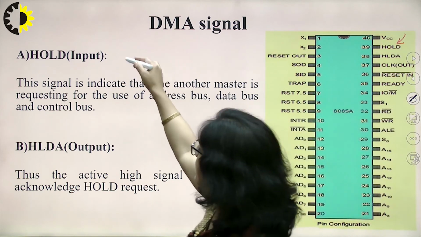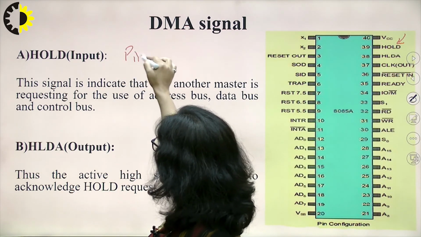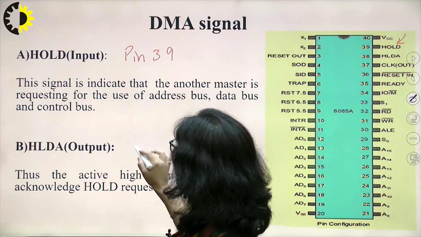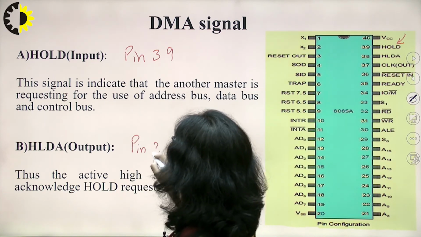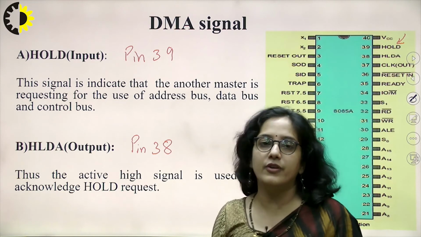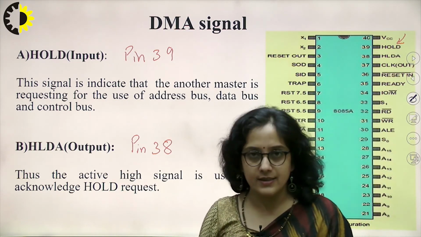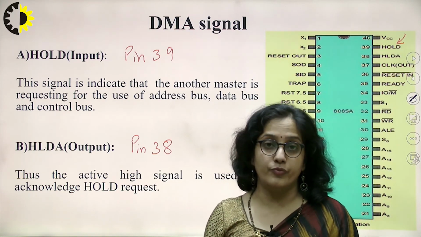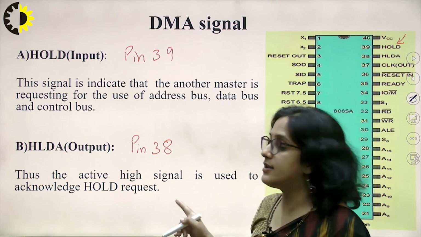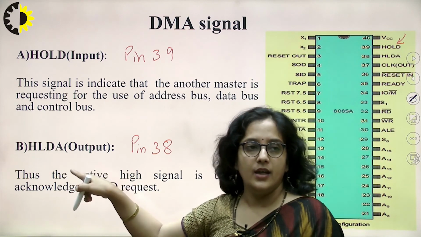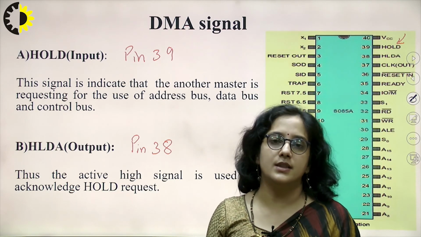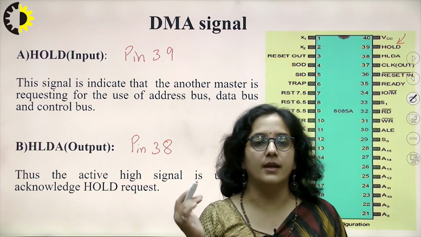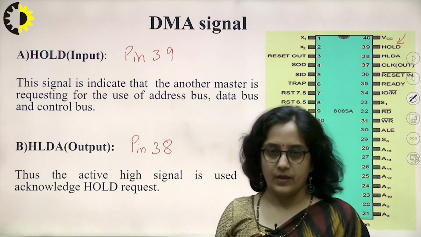You can see that pin number 39 works as an input signal and pin number 38 works as an output signal, because before releasing control of the buses, the microprocessor will generate this signal, HLDA, indicating that the microprocessor is giving control of the buses to the DMA.